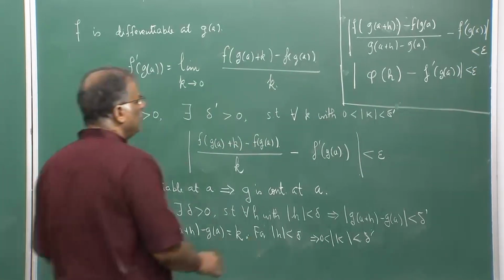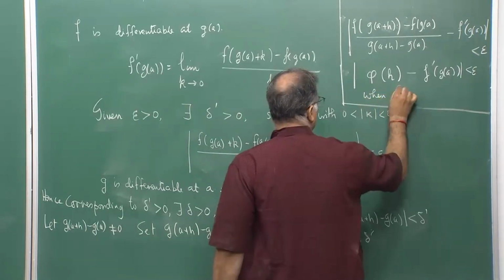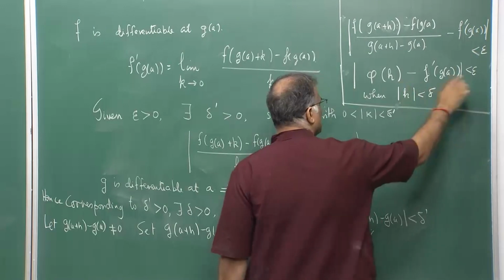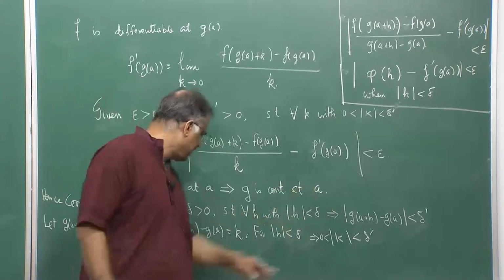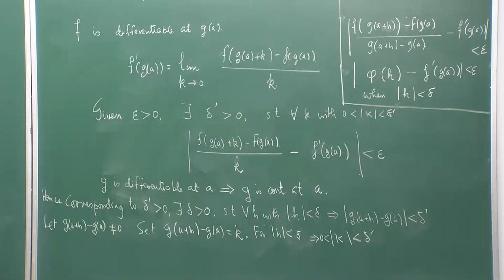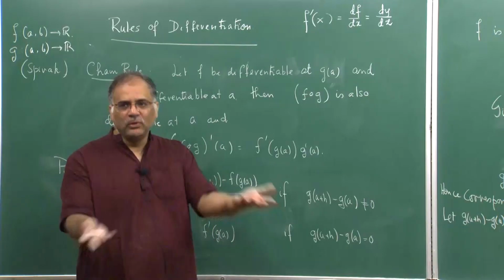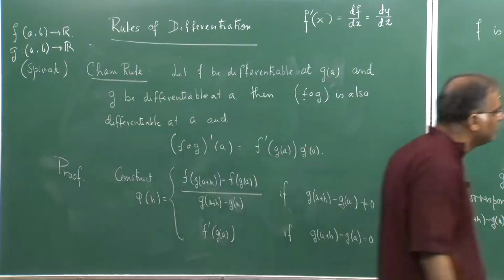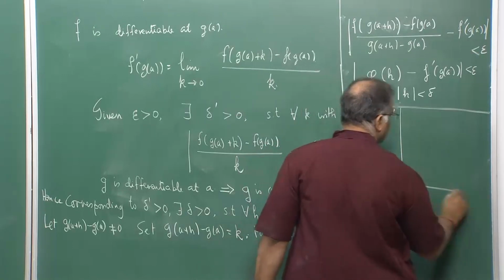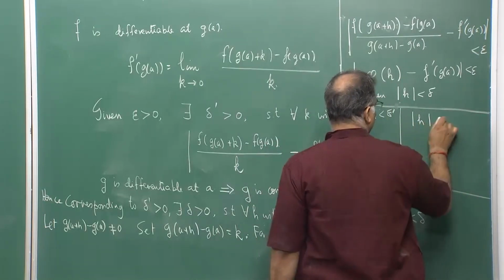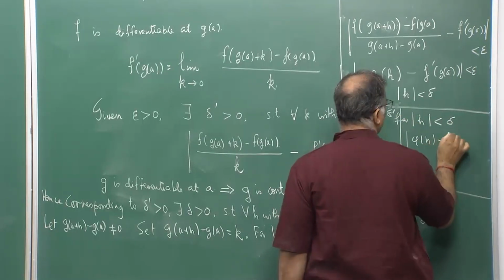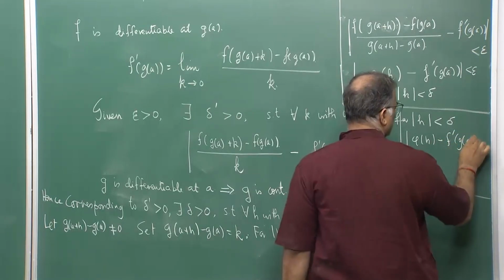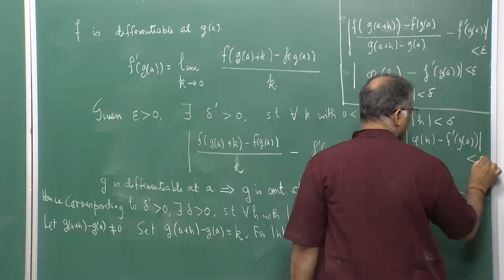So this is true, which means whenever h is tending to 0, this can be made smaller and smaller. Now if g(a+h) - g(a) is equal to 0, I have already defined phi(h) as f dash of g(a). So their difference would be anyway 0 and would be less than any epsilon that you choose, because epsilon is positive. So for |h| less than delta, |phi(h) - f dash of g(a)| is strictly less than epsilon.